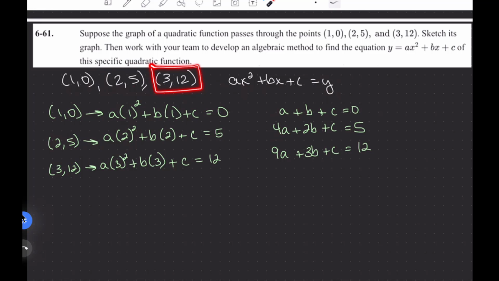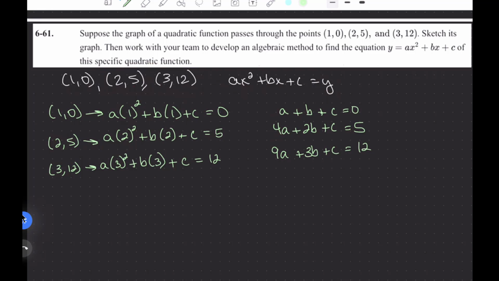Right? So then when I put the 3 in, 3 squared is 9, and then you would have 3b, and we don't know anything about c. And my y is going to be 12. Does that work? Yeah. See it now? All right. And then you go to solve it.